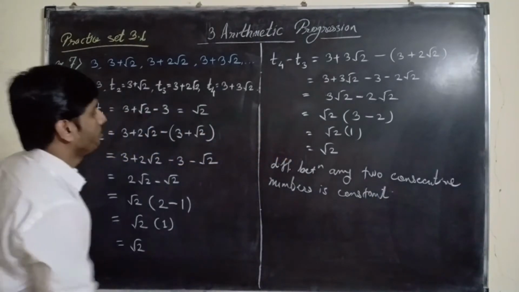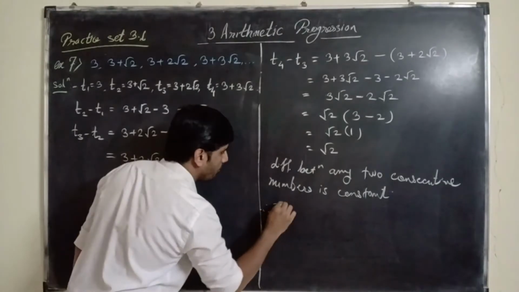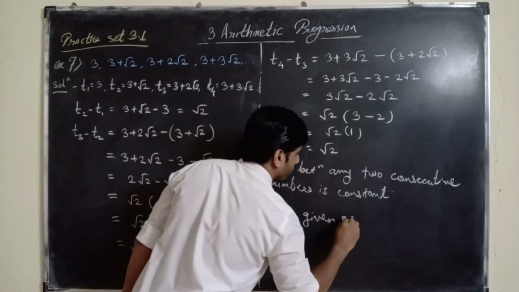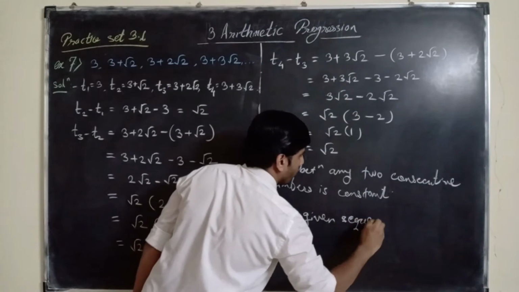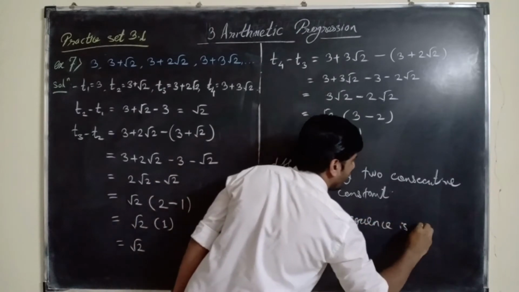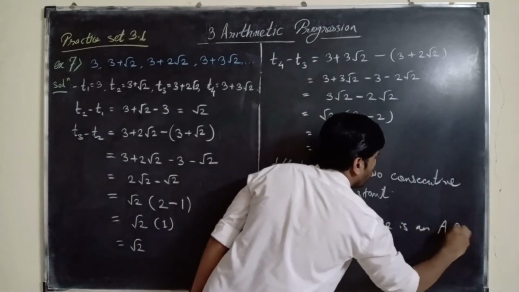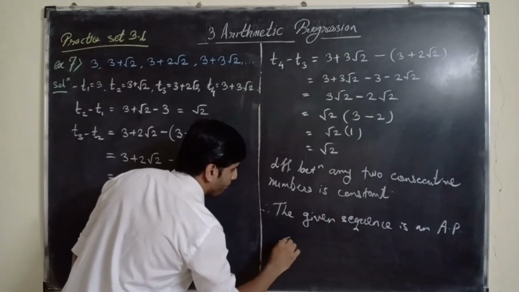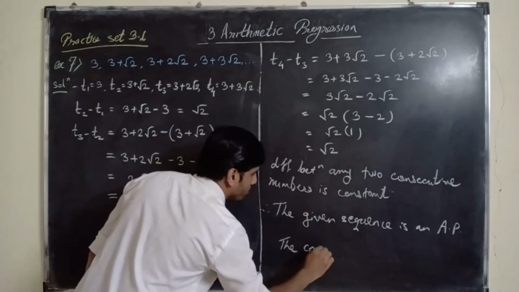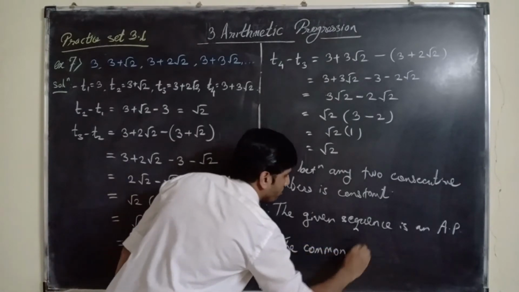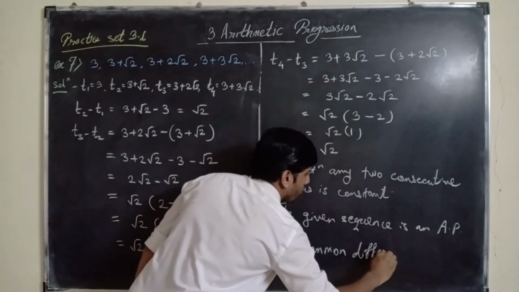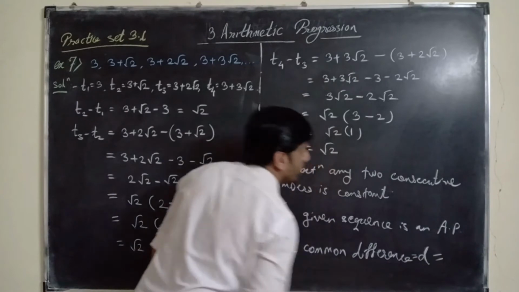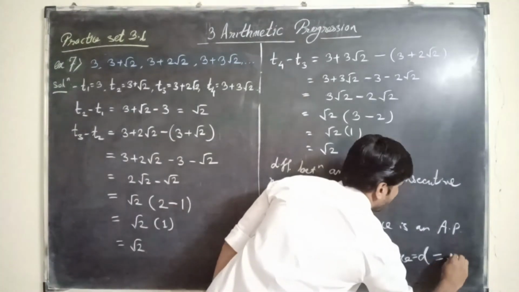So we can say that therefore the given sequence is an arithmetic progression and the common difference, which is d, is equal to root 2.